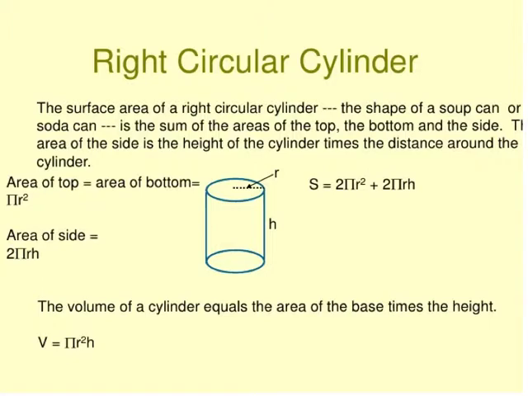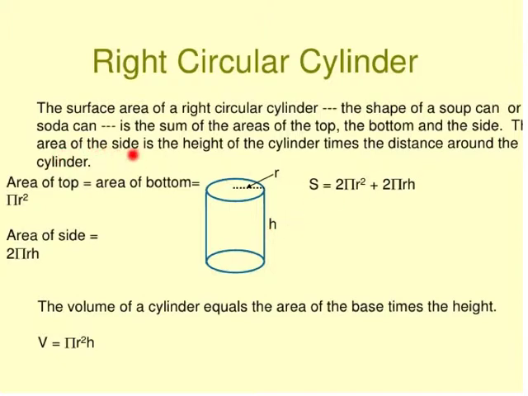Okay, the surface area of a right circular cylinder, the shape of a can, is the sum of, which means you're going to add some things, the areas of the top, the bottom, and the sides, all the way around.